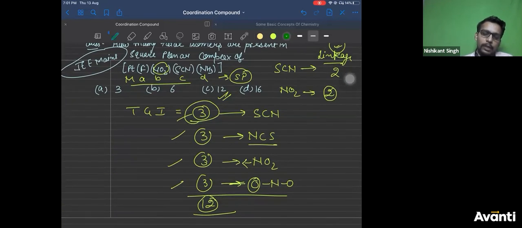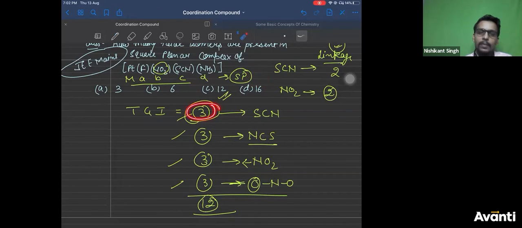So Prashant, first of all, there are 3 geometrical isomers. Okay, 3 GI. In 3 GI, sulfur can donate lone pair. Rest everything is present as NO2. Right? Now, in the other 3, nitrogen is donating lone pair.